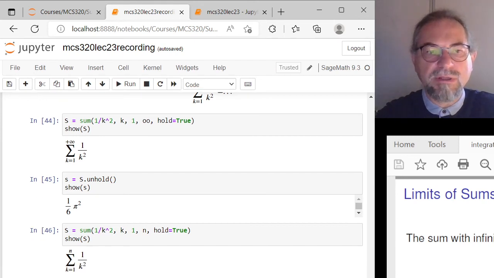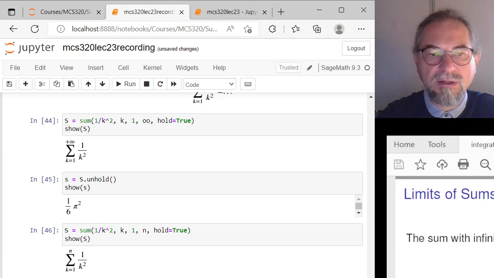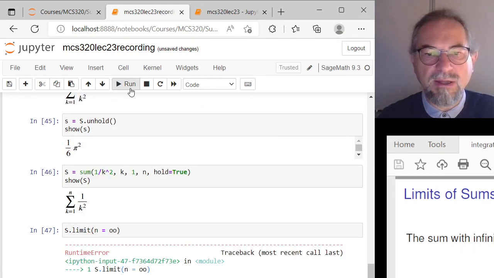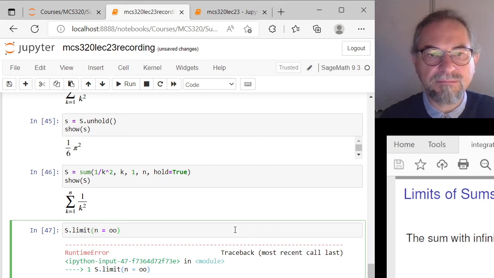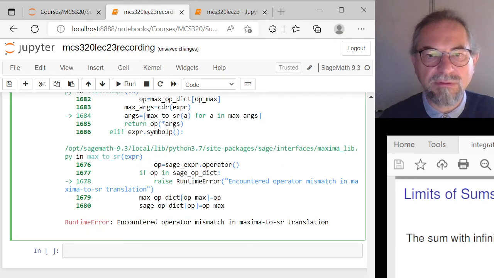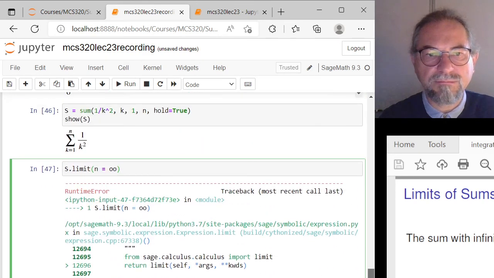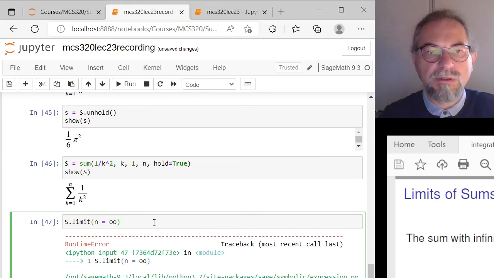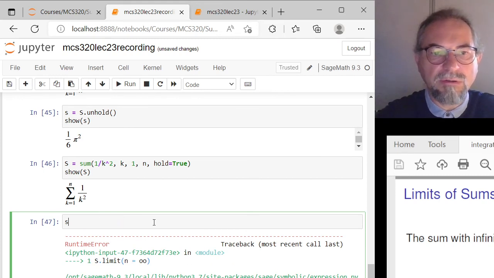And most likely I can do immediately limit n equals infinity, and I must do the unhold apparently, or that is not a good thing to do. So let me do the unhold.